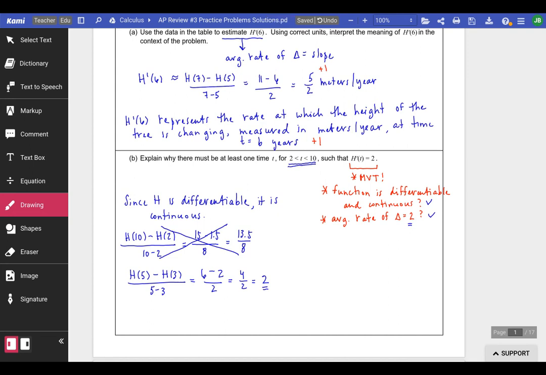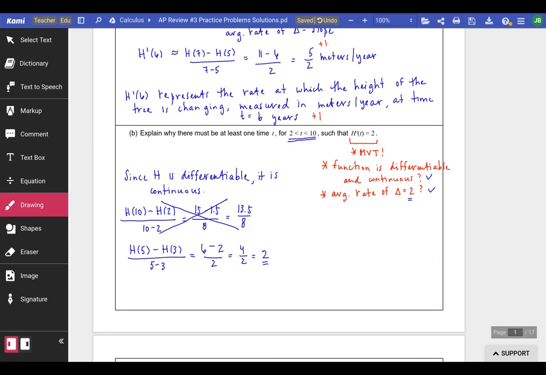So since we've got a function h that's continuous, and we've got this interval here where the average rate of change is equal to 2, we can say, therefore, by the mean value theorem, there exists a time t.